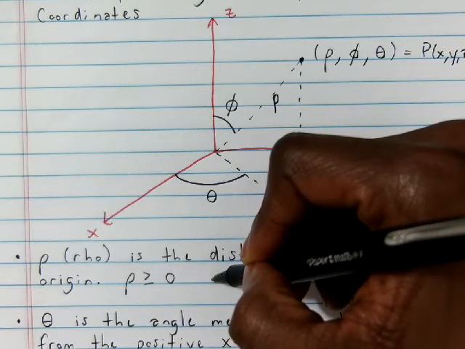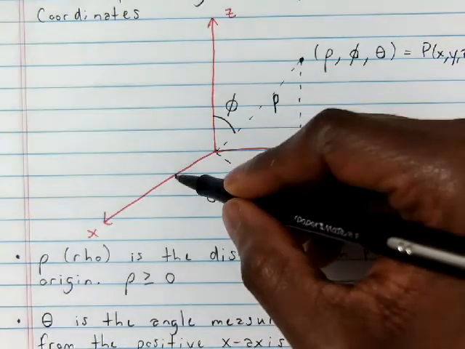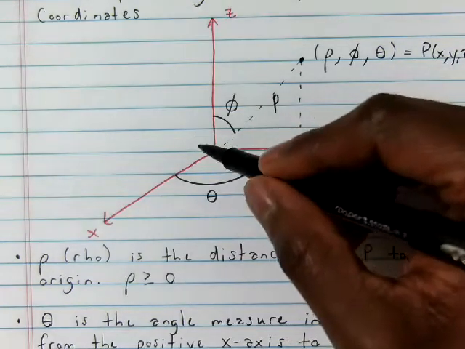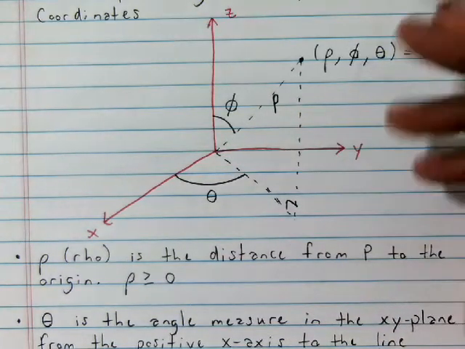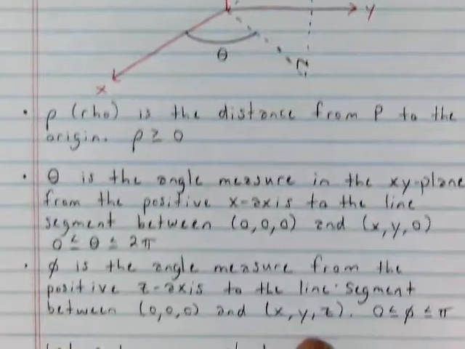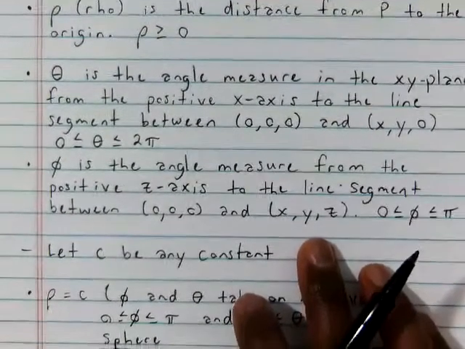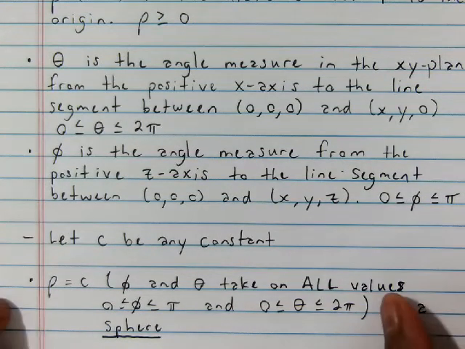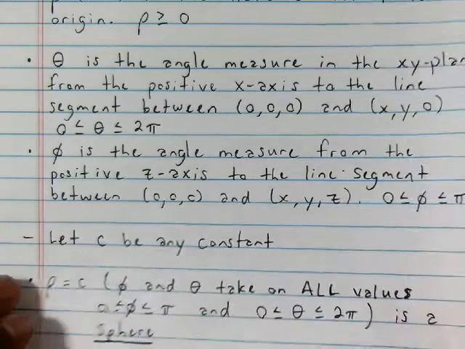Then we take that semicircle and let theta spin around the z-axis, and the semicircle traces out a sphere. So that's why rho equals c will give us a sphere. All right, so let's look at what theta equals c will give us and what phi equals c will give us.